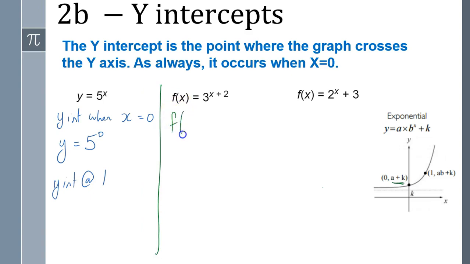The y-intercept occurs when x equals 0. Going to sub 0 in for x. It's a bit hard to tell there, but that's all the power. So 0 plus 2 is just 2. 3 squared is 9. Therefore, the y-intercept is at 9.